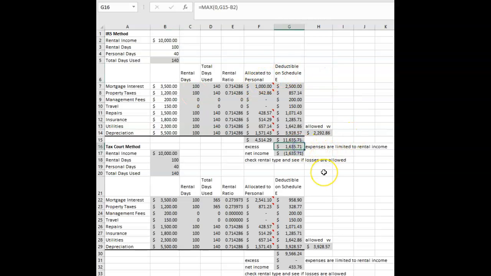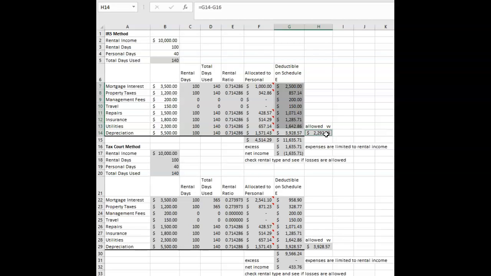The excess is $1,635.71, and what I have up here is just to show me the actual maximum amount of money I'm going to be allowed. That's why I put allowed there with these two little V's. They're supposed to represent arrows to point at the cell below it. The maximum allowable deduction for depreciation is actually going to be $2,292, because if I was to add all of these cells right here up, that's $10,000.